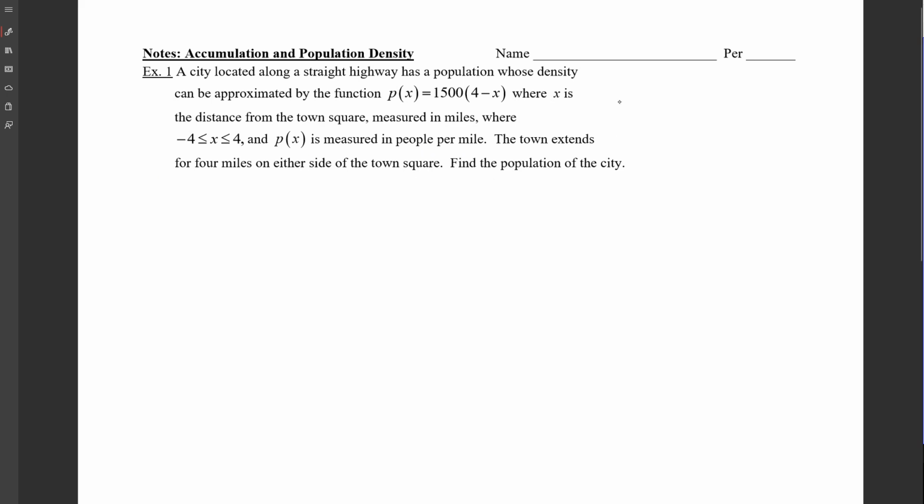Okay, so the first thing we need to understand is this function here. If I graph this function, what would it look like? This is going to be the distance, measured in miles here. This is distance from the town square. Let me call it 0. This will be the town square. If I distribute this 1500, this would be 6000 minus 1500x.